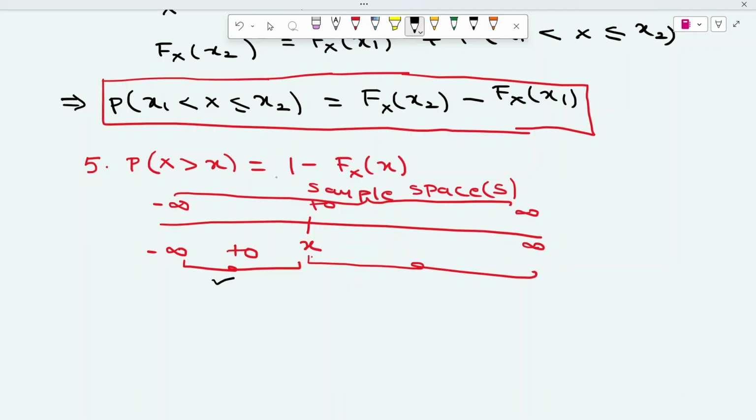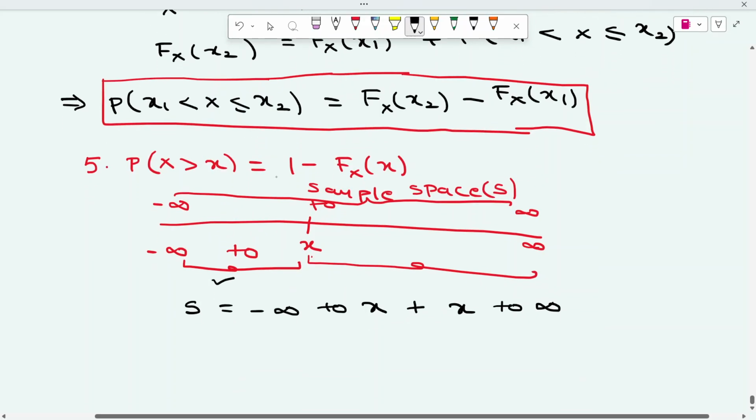So the sample space S we are dividing into two events.